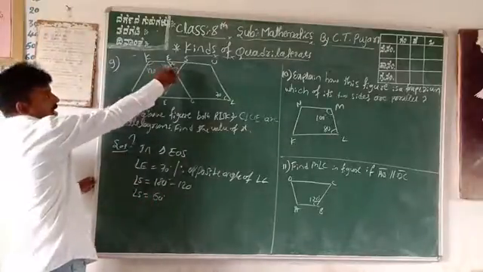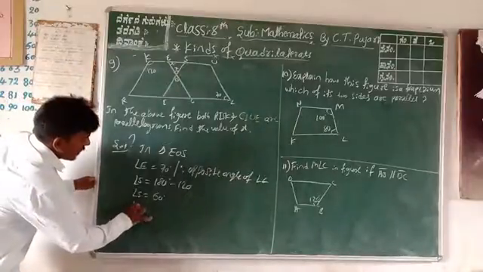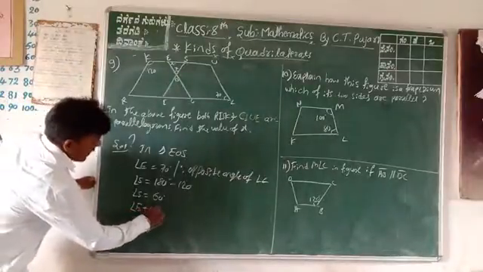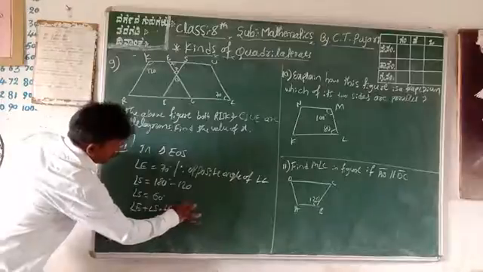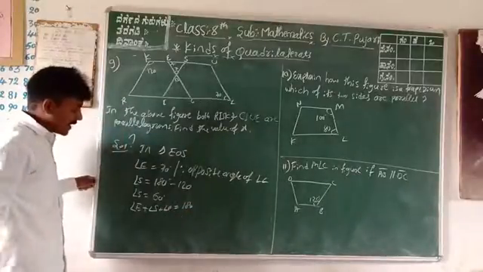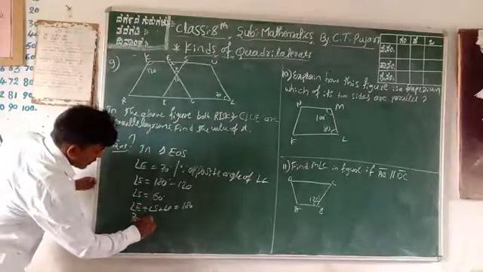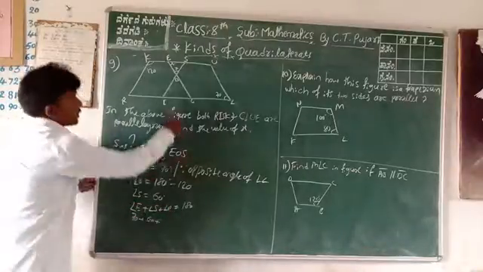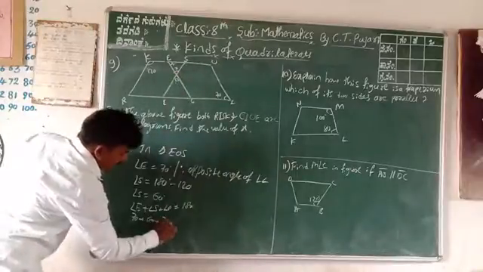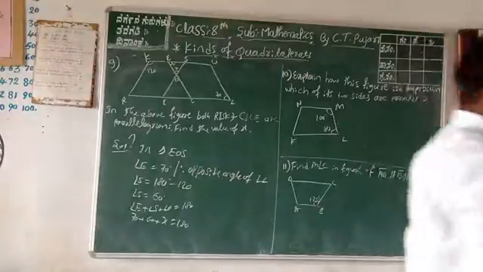What about angle X? Therefore, angle E plus angle S plus angle O is equal to 180 degrees. The sum of three angles in a triangle is 180 degrees. E angle is 70. S is 60. O is, we don't know, X. That is 180 degrees.